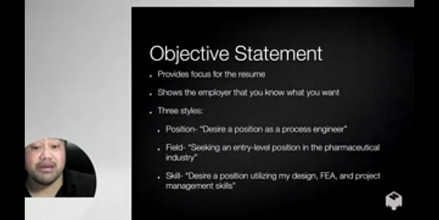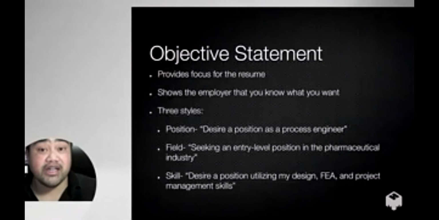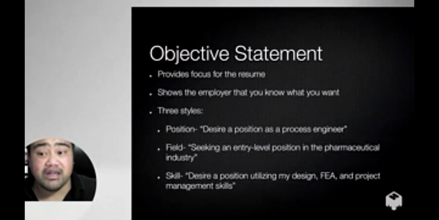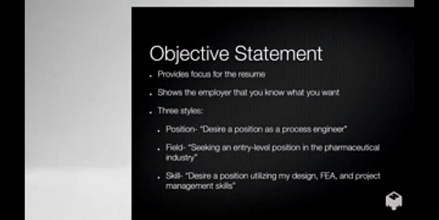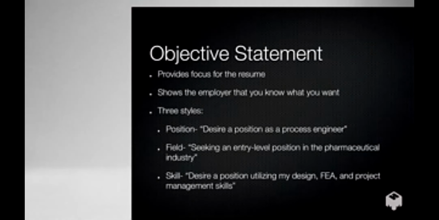And so there are three types of objective statements to consider here, okay? One is the position, meaning that you desire a specific position within a company, and you could base that on a specific job title that you're applying to, right?